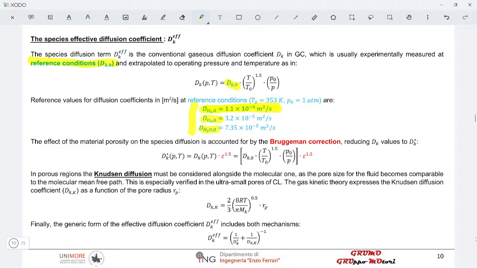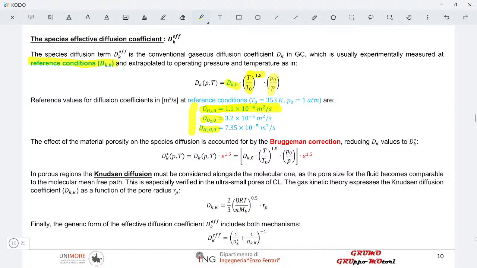And this is usually represented by this term, T over the reference temperature T0, elevated to the power of 1.5. So temperature helps increase the diffusion. The other way around, pressure obstructs the diffusion. A higher pressure means a denser environment. So we have P0, the reference pressure, divided by P.